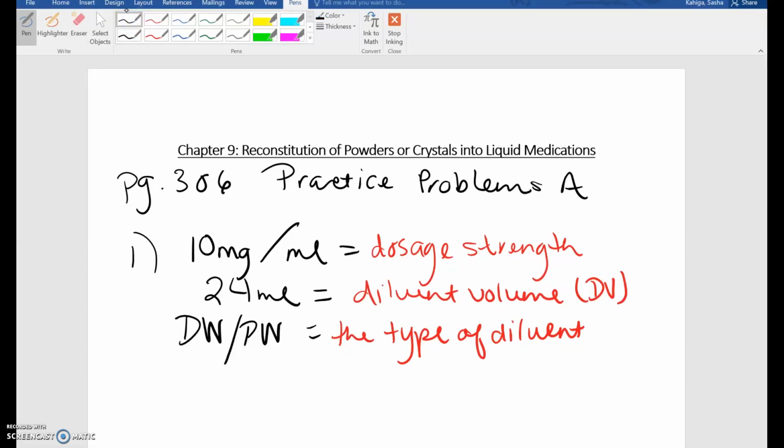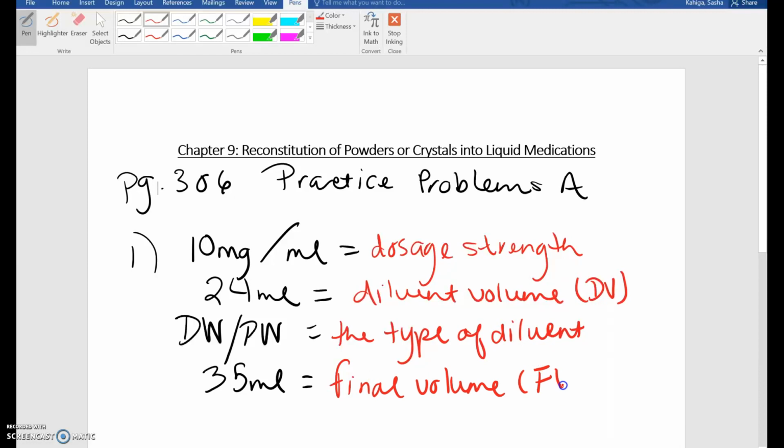Above the name fluconazole, it says 35 milliliters when reconstituted. So 35 milliliters when reconstituted is considered your final volume, so I'm going to put FV.